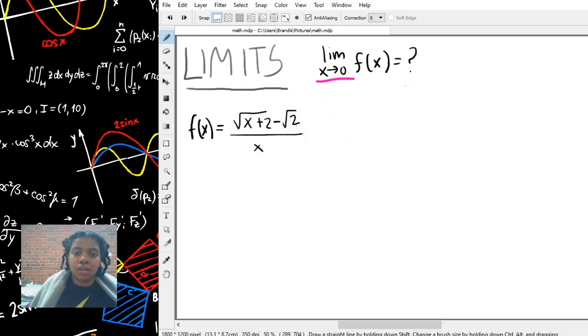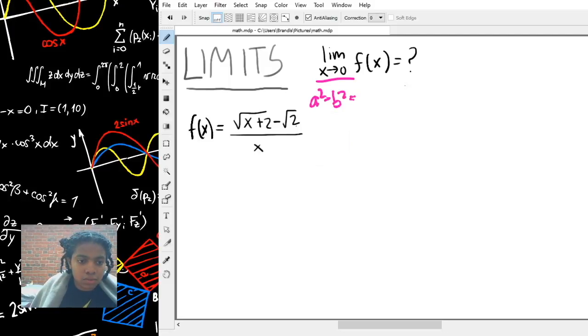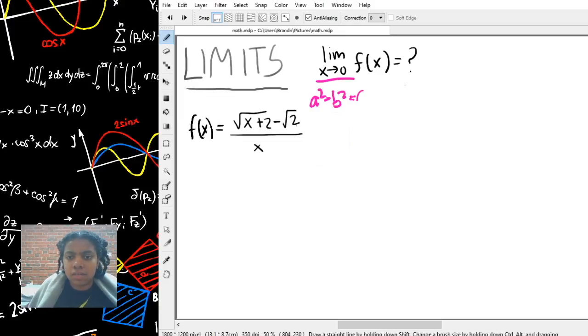Well, we know from our previous example that any a squared minus b squared was just a plus b times a minus b. And right here, we have an a minus b. So why don't we just multiply it by a plus b to get our a squared and b squared? So we get rid of these radicals.